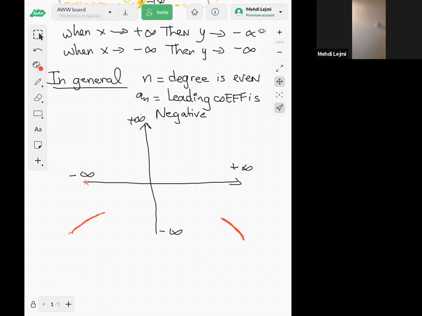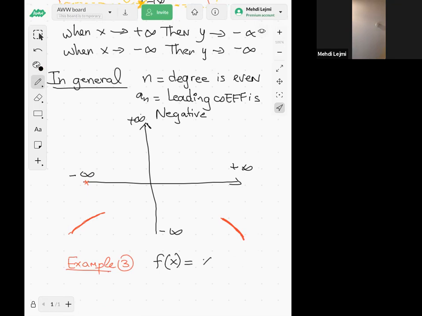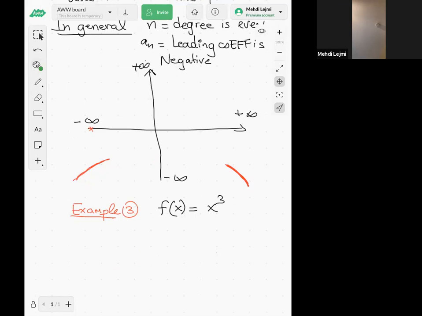Okay, so let's take an example with the degree odd. That will be our example number 3. Let's just take f of x equals x cubed. So the degree n, the highest power of x, would be 3, which is, of course, odd.